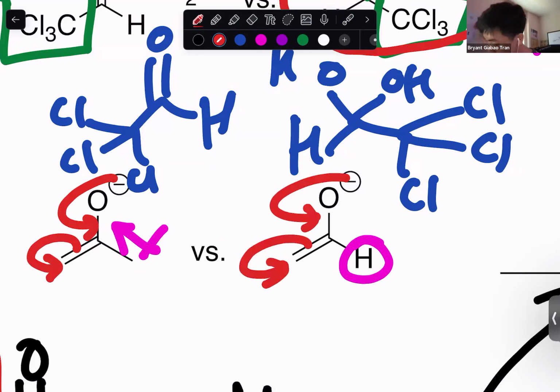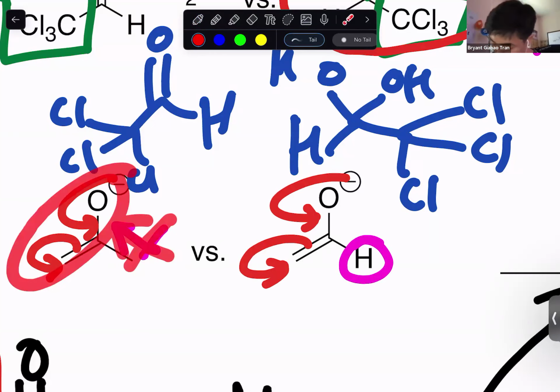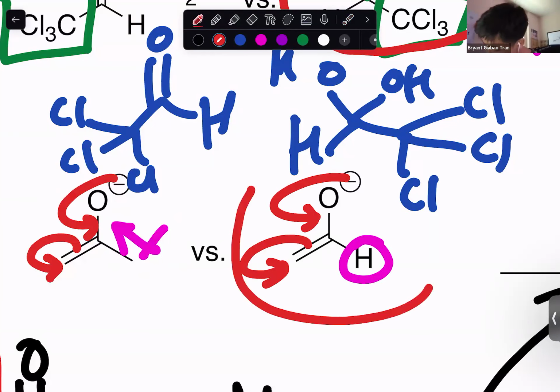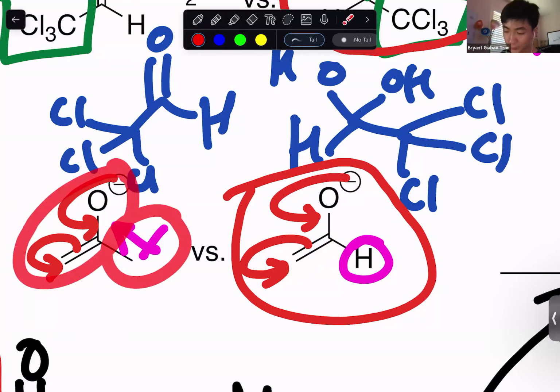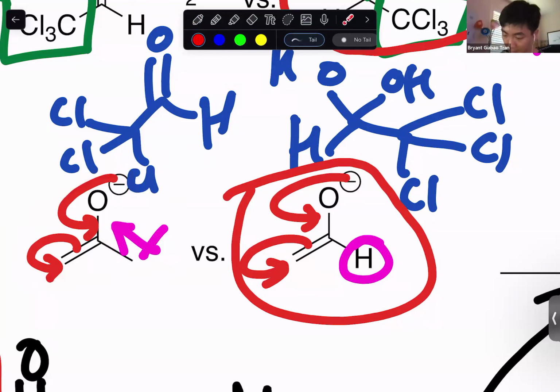Because the negative charge here is trying to get into a negative charge system, that makes it less stable. I'm going to say that this is more stable because there's no negative charges interacting with each other, whereas the left structure has this EDG pushing a negative charge into a negative enolate ion system. And like charges repel each other.